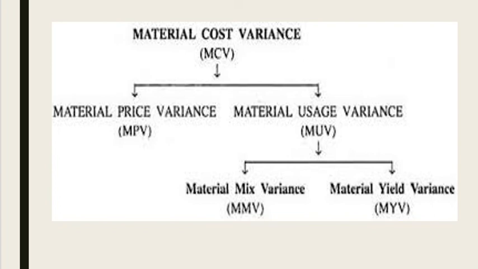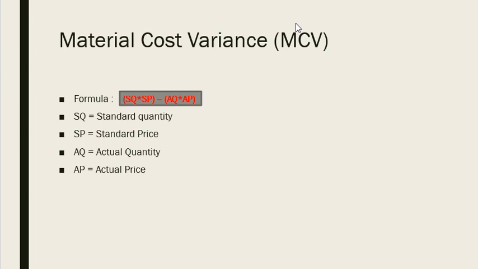Now, the basic formula for material cost variance, which can also be called MCV, is SQ, that is standard quantity, into SP, that is standard price. Only when you multiply your quantity with your price will you get your cost.